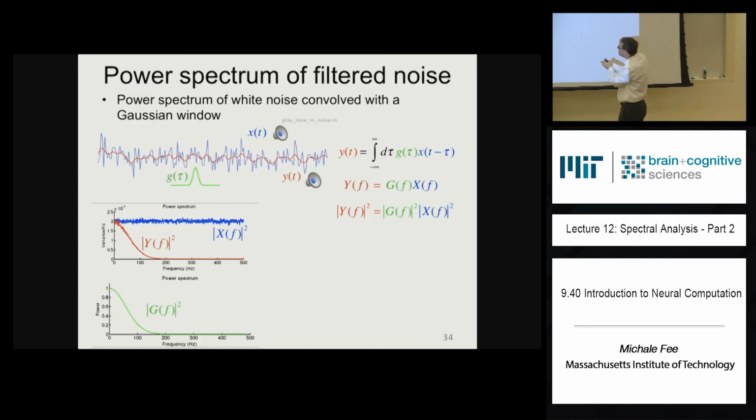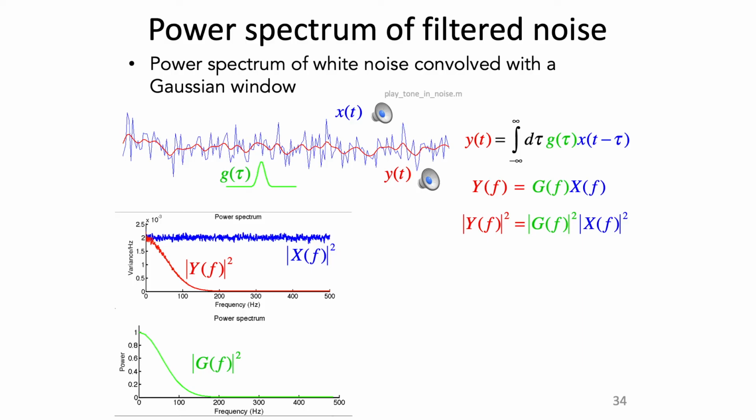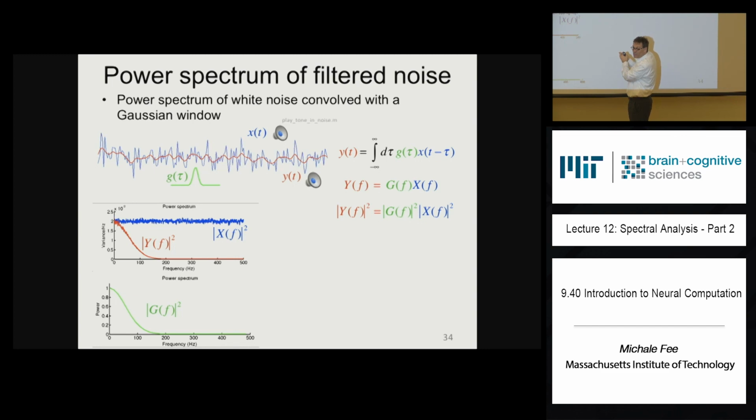So the nice thing about this is when you smooth a signal with a Gaussian, you're not adding parts of the signal over here to the parts that were over here. Does that make sense? Convolving with a sinc function kind of mixes things in time. Okay?